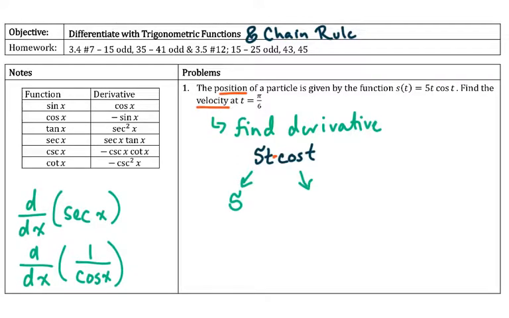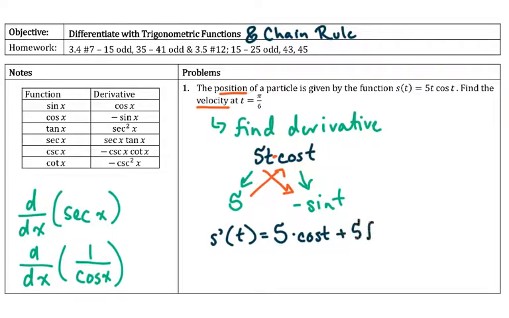The derivative of cosine is negative sine of t. So then s prime, which is the same as the velocity, would be 5 times cosine of t, plus 5t times negative sine of t.